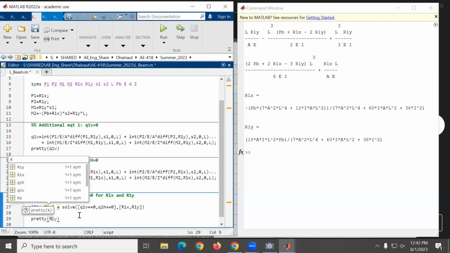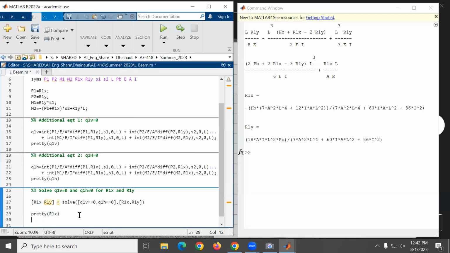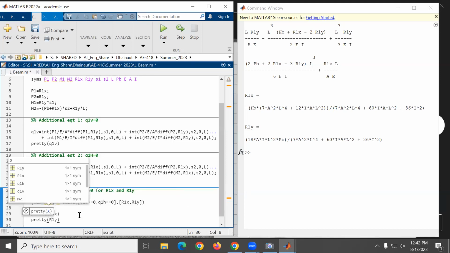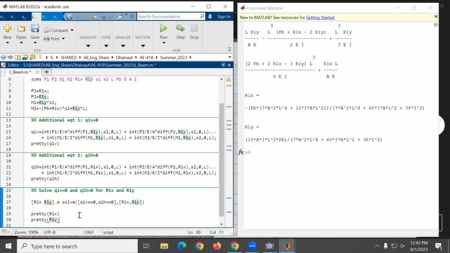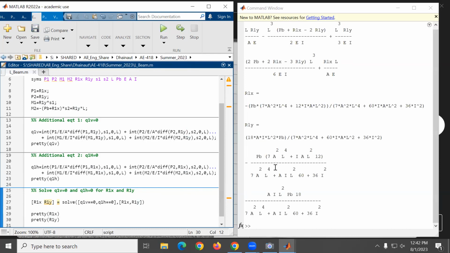Do you think that will do it? And R1Y. Then we can compare to the ones that are here. Yeah, they look the same. So there you go.